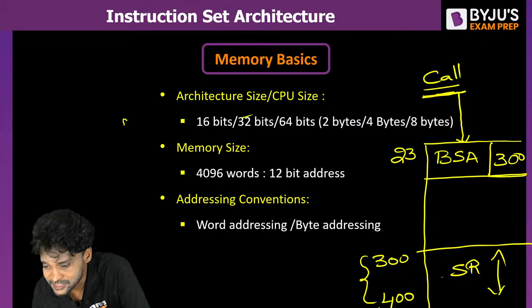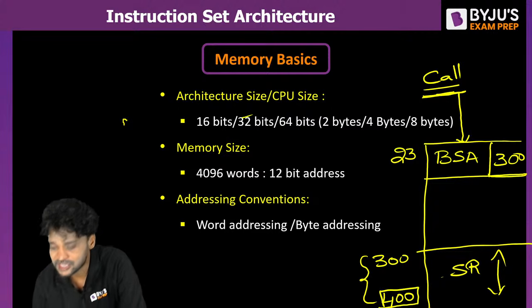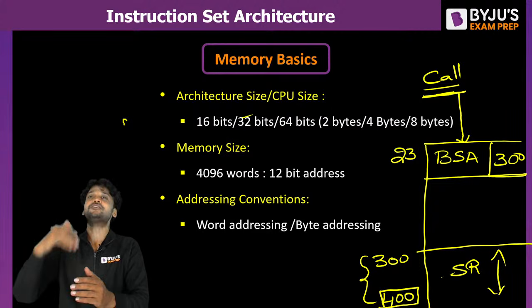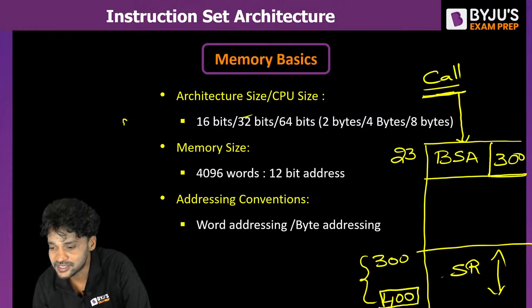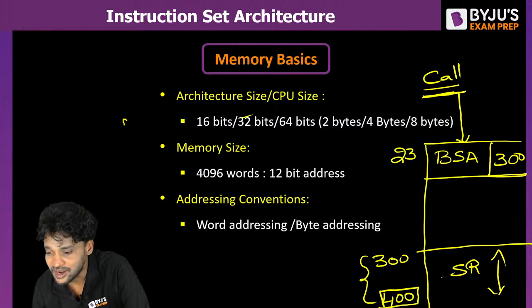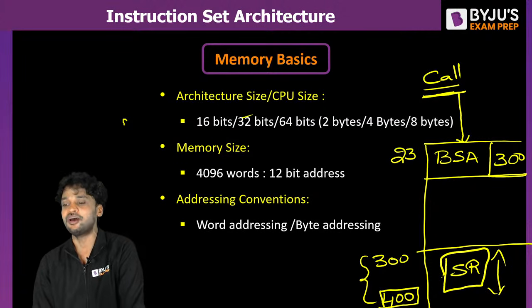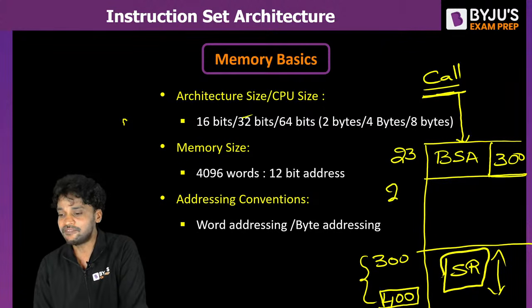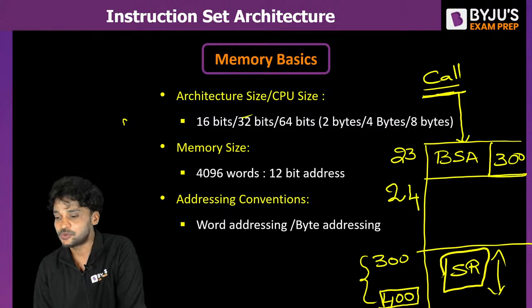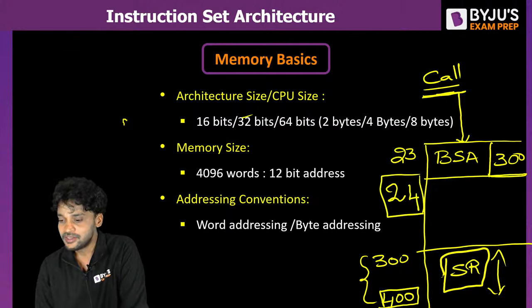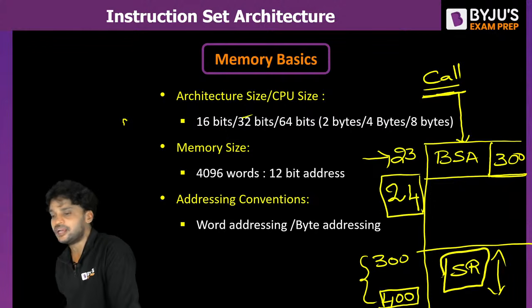Right after you execute the final instruction of the subroutine, you are expected to go back to the calling routine from where we suspended, at the next instruction, that is 24. So if the 23rd instruction is a jump instruction, you will simply jump to 300 and go ahead from that.